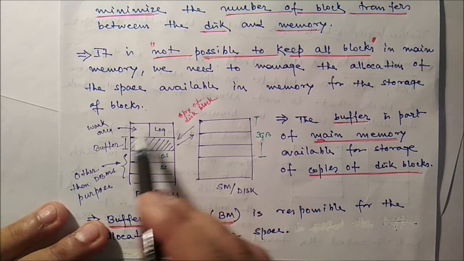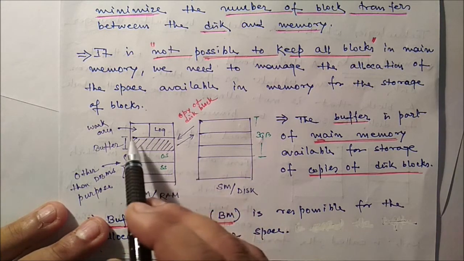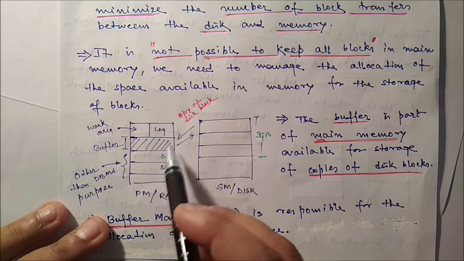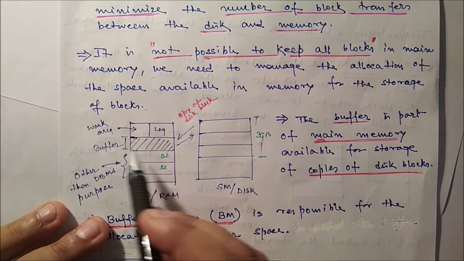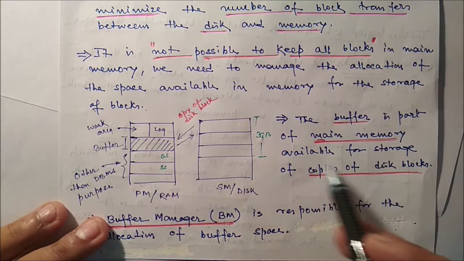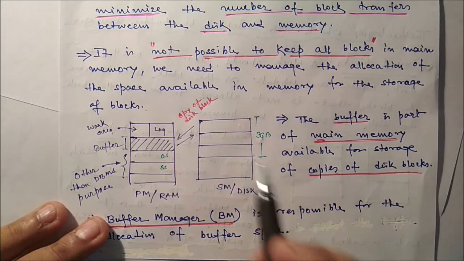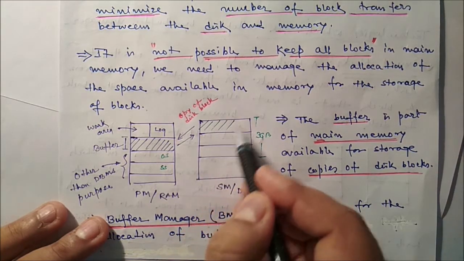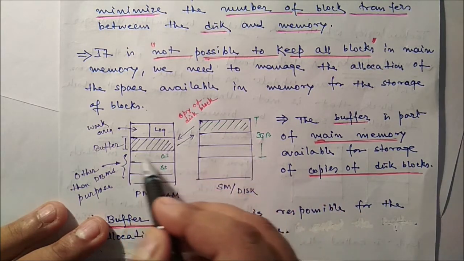Are you getting this one? So the memory is divided into several different parts. This is our buffer. If you want to transfer this particular block, it must be transferred into this particular buffer area.